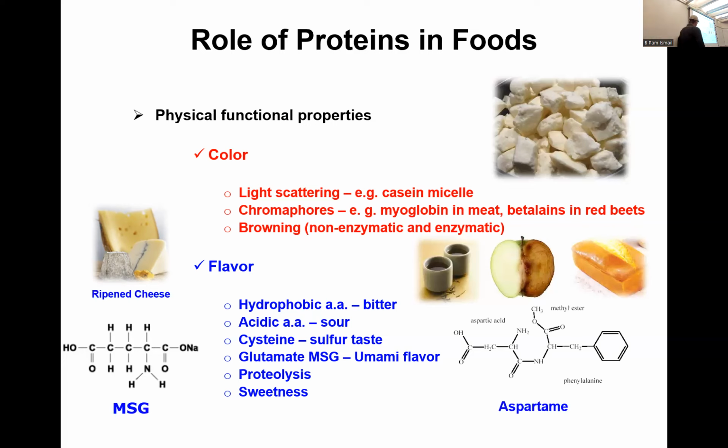Sweetness: the dipeptide aspartame, so aspartic acid and phenylalanine, is just two amino acids, and that gives you a very, very sweet taste. So when you hear plant proteins taste bad, what do you think? Is it an unfair statement or is it a true statement?